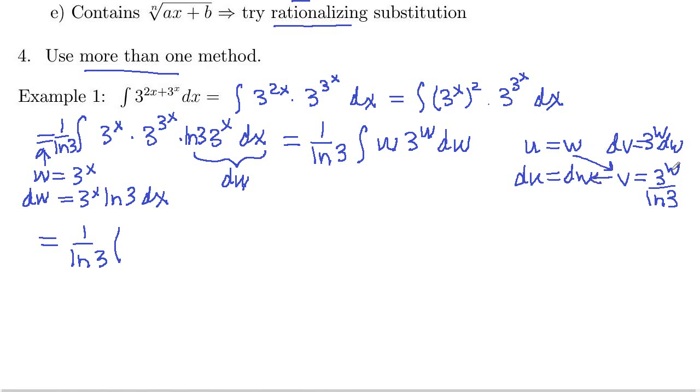So w, 3 to the w over ln 3, minus integral v du, just 3 to the w over ln 3 dw.